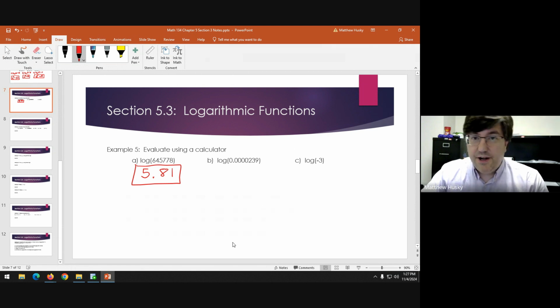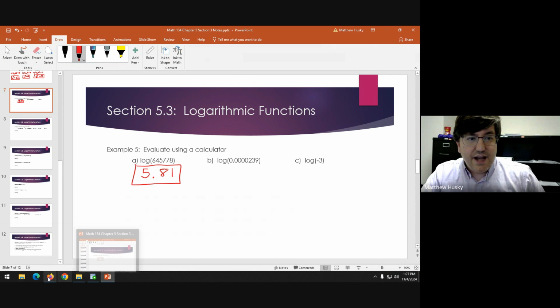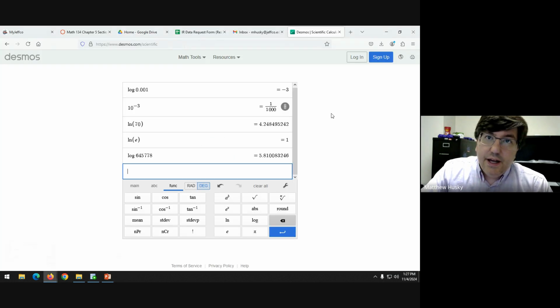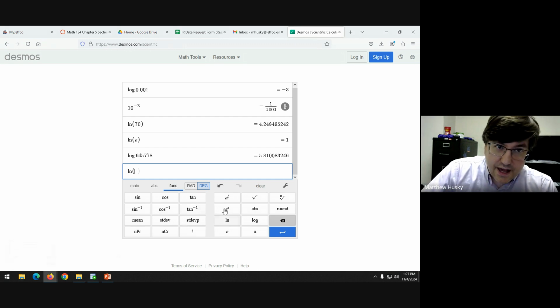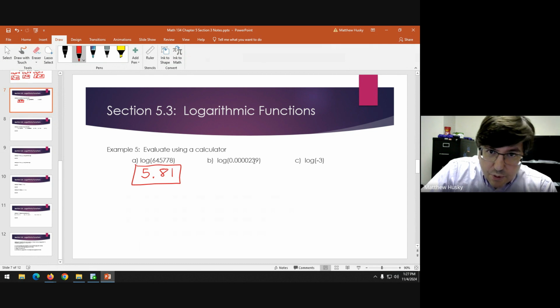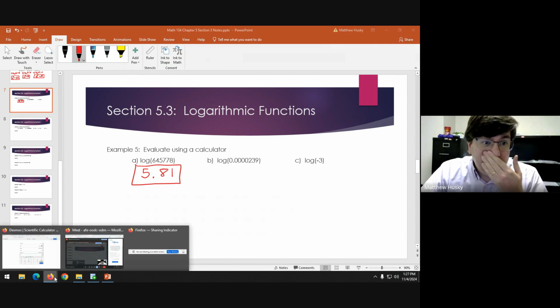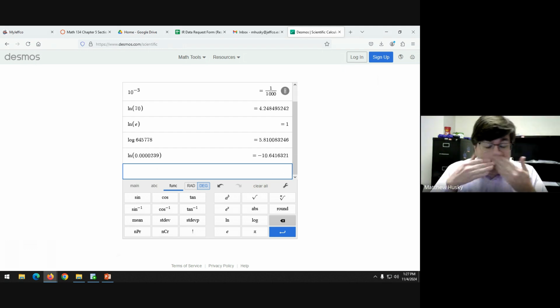Okay, for the next one, I did ln of that decimal, which is going to be a negative number. If we do ln and hit the ln button, it's 0.0000239. That is negative 10.64.